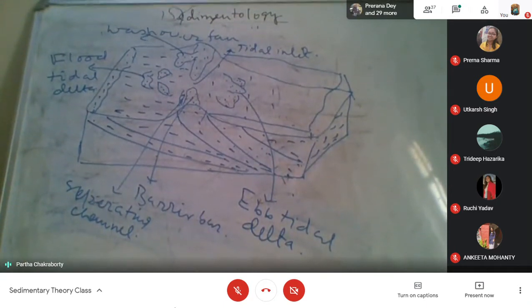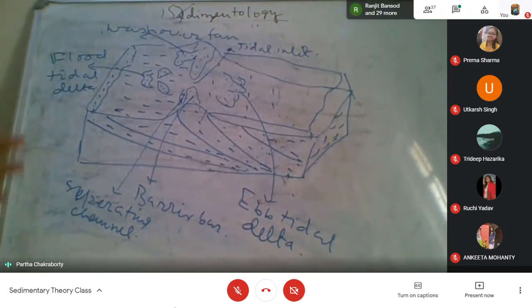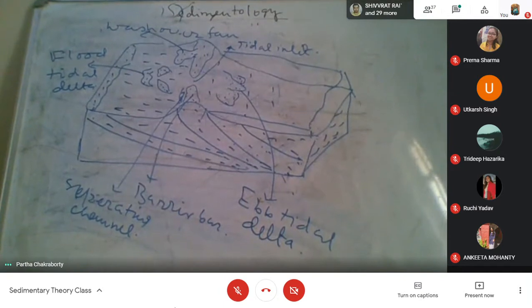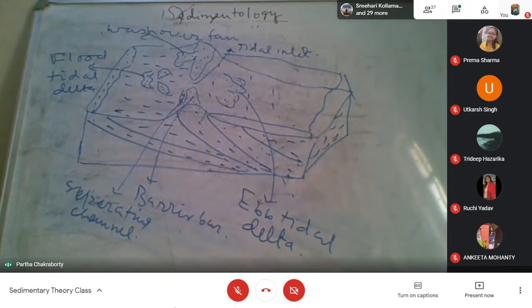The lagoonal sediment is normally a very low energy system, so it will be mostly shelly. On top of the low energy shell, the reworked barrier bar sediment may come as a mass flow or stream flow, so it will be erosional at its base and lenticular in shape.